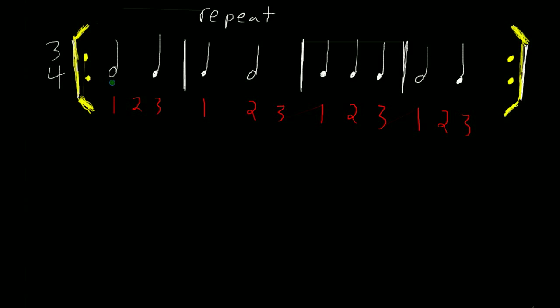Now we're going to put in all of our green arrows: downward green arrows for the attack of downbeats, and horizontal green arrows for the hold. Downbeat on 1, hold through 2, downbeat on 3. Next measure, downbeat 1, downbeat 2, hold through 3. Next measure, all downbeats, 1, 2, and 3. Then the next measure, downbeat on 1, hold through 2, downbeat on 3.